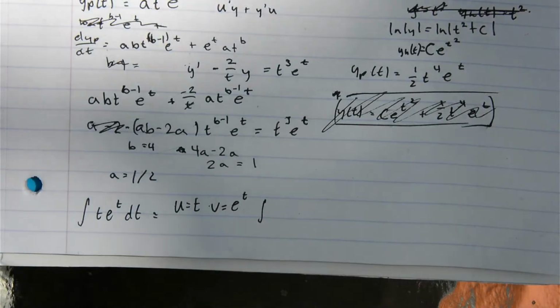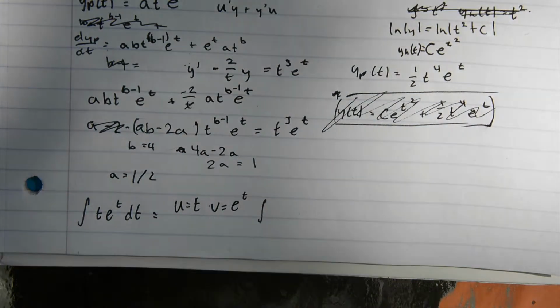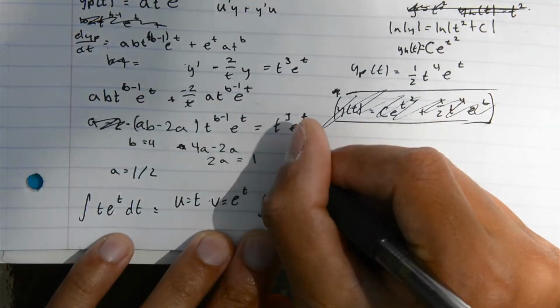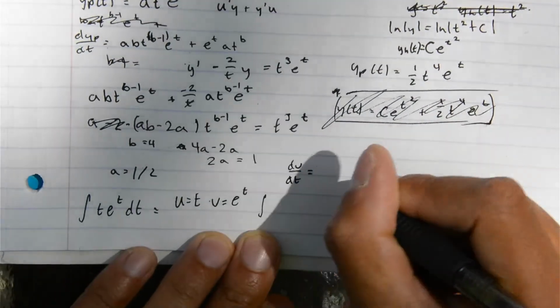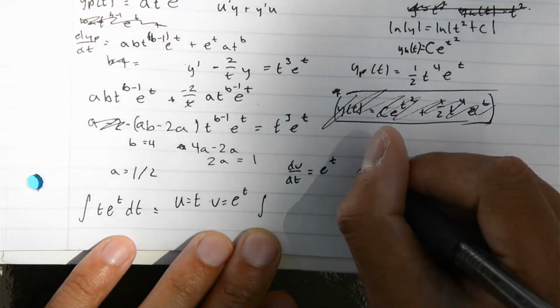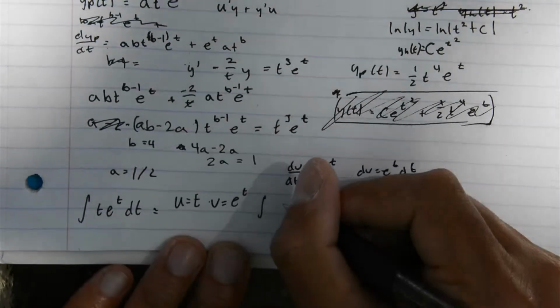What? Oh, wait, hold on. Okay. So then dv/dt is equal to just e to the t. So then we get dv equals e to the t dt. Okay, that checks out.